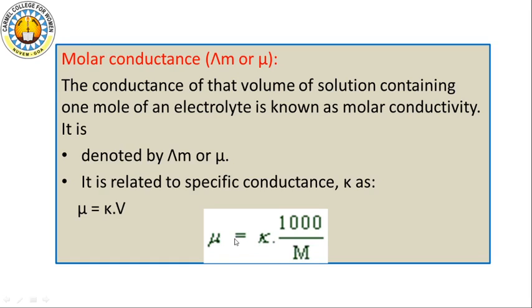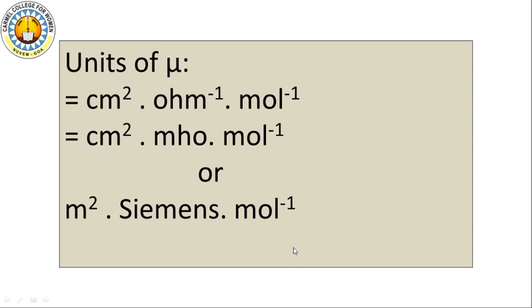So mu is equal to K into 1000 upon N. Volume is 1000 upon N. The units of molar conductance, you can work it out the same way as we have done for equivalent conductance. It works out to centimeter square ohm inverse mole inverse.